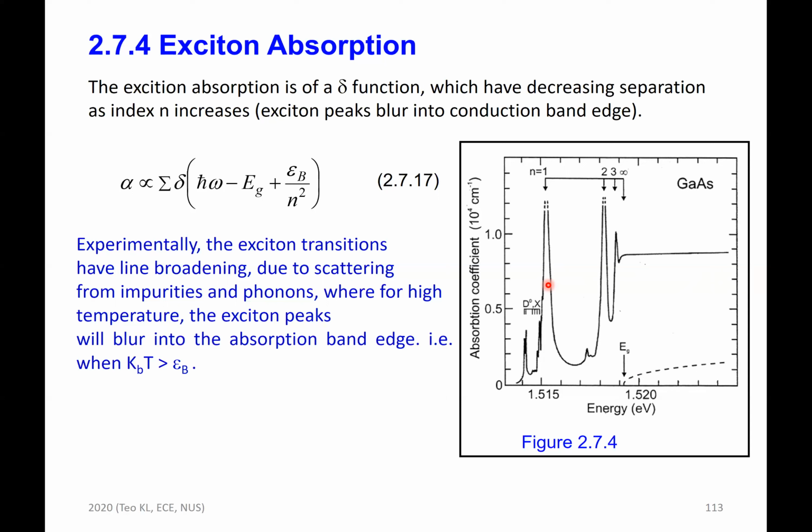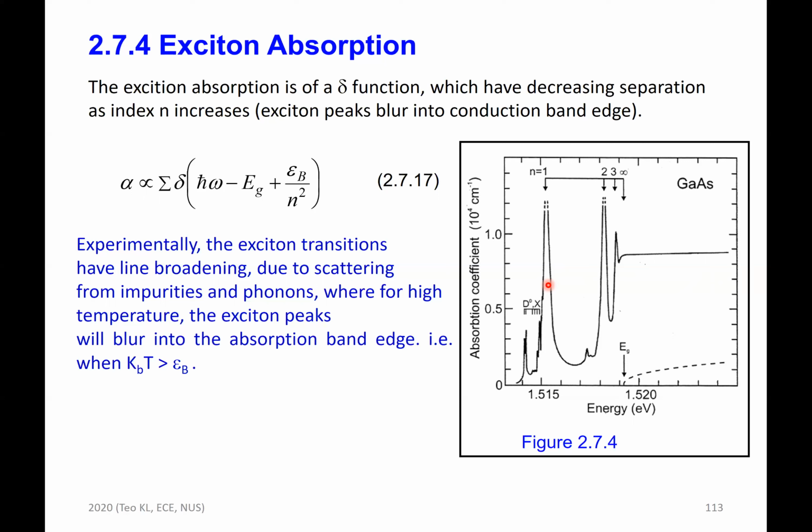And therefore, this kind of scattering effect will cause the broadening of this exciton peak. Especially at high temperature, the lattice is vibrating from its equilibrium position. So at high thermal energy, it will vibrate rigorously. Basically, there will be high phonon energy at high temperature.